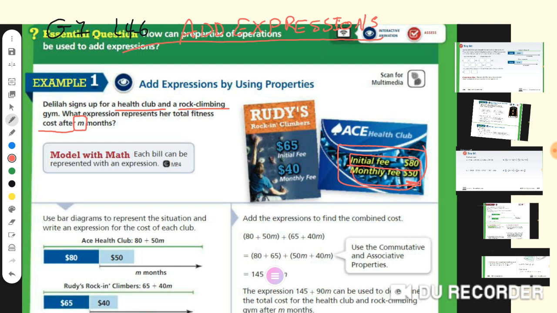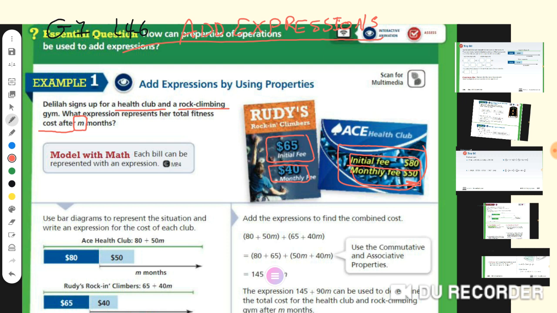And for rock climbing she has to pay 65 first as initial fees, then 40 per month. The initial fees are not charged each month; she pays them only the first time, like the fees of your cart or your summation, something like this.